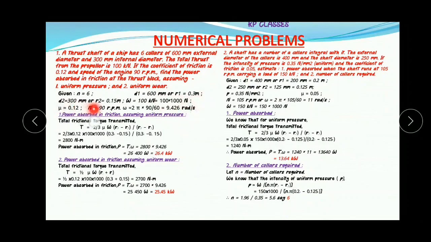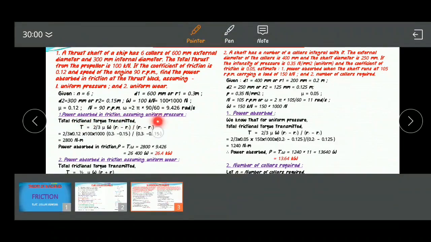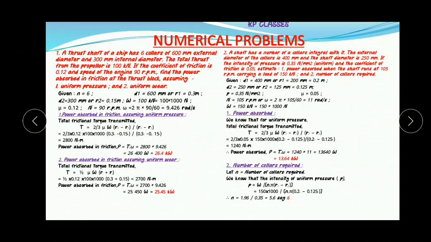D2 equal to 300 mm, therefore R2 equal to 0.15 meter. Load W equal to 100 kilonewton, which is equal to 100 into 1000 Newton. Coefficient of friction equal to 0.12, speed of the shaft is 90 rpm. From here angular velocity omega equal to 2 pi N by 60 equal to 9.426 radian per second.